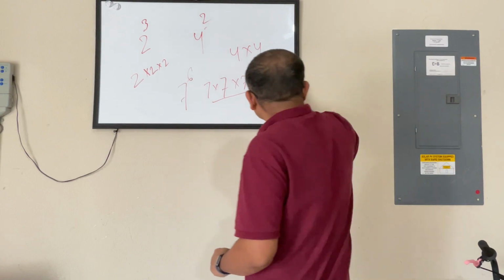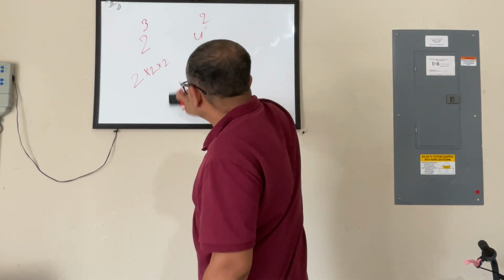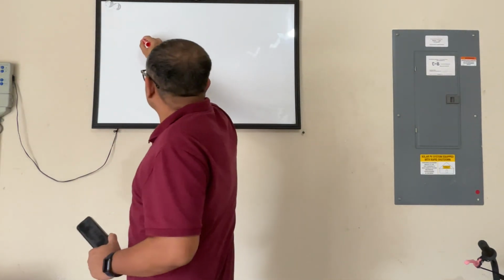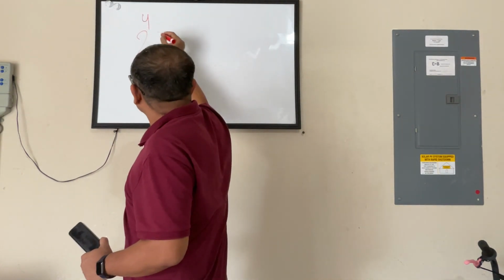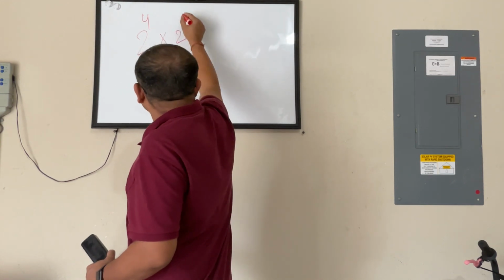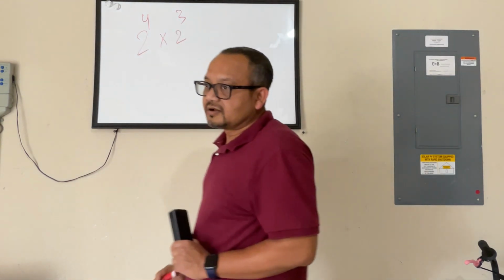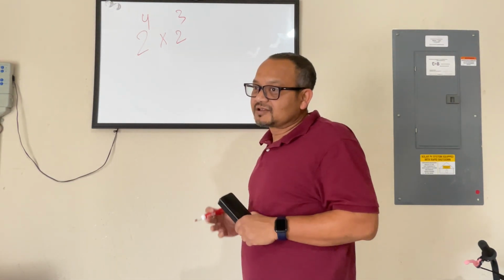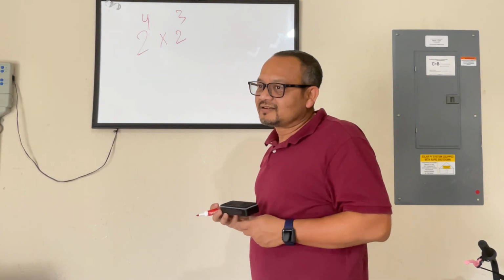Now, did we touch upon this one in the previous classes? Briefly, no? Okay. If I have 2 to the power 4 times 2 to the power 3, what will be the answer for this one? How will you find this out? Would you multiply that many times? I would add the exponents.